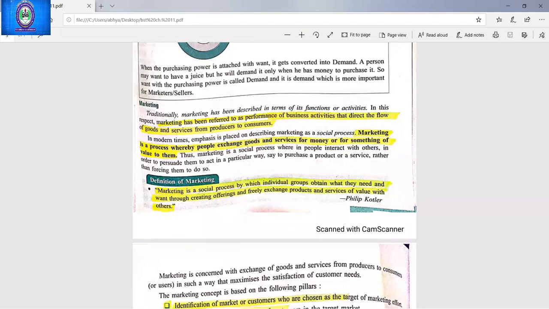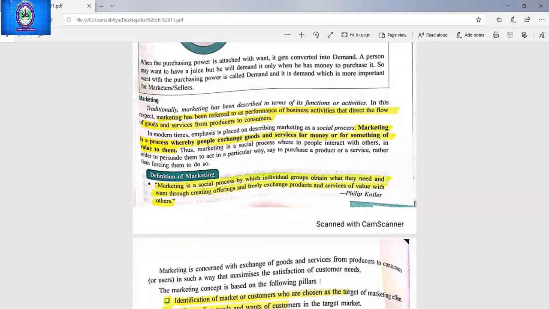Okay. And the best definition: suppose in the exam a one marker question has come, define marketing. In that case, you will always give the definition given by Philip Kotler. He has written many books on marketing, so he is a great renowned author of management.